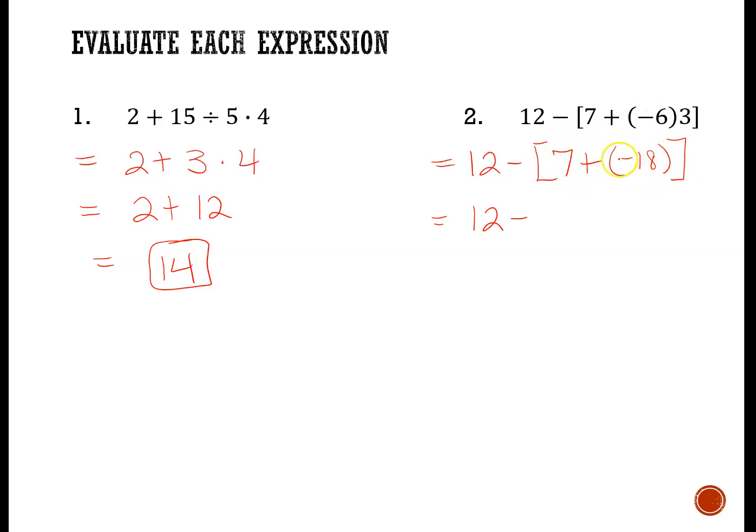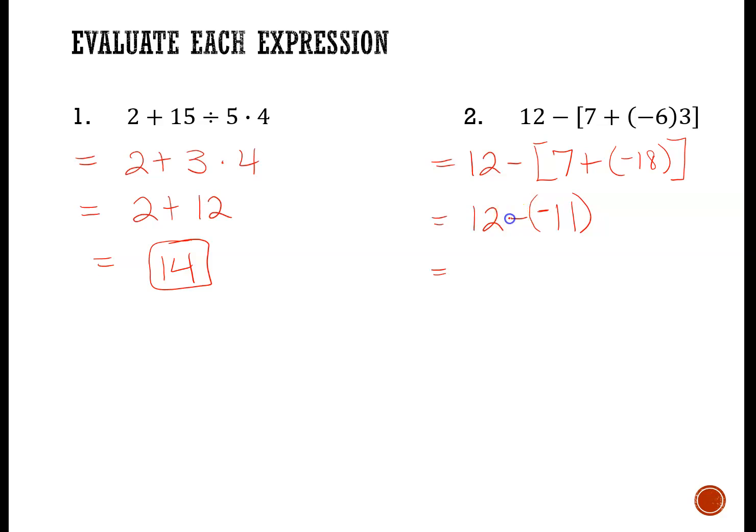We're adding and we have different signs. So the rule is subtract, so 18 minus 7, and take the sign of the larger, which is negative. So we get a negative 11 when we do this 7 plus negative 18. And I'm going to go ahead and put parentheses there just to separate these negative symbols.